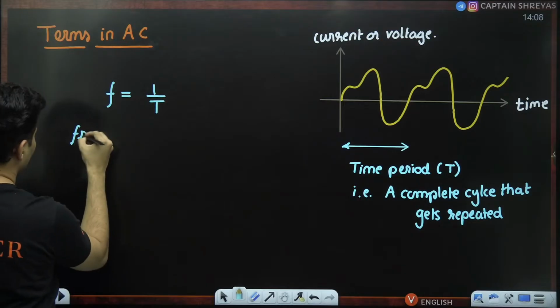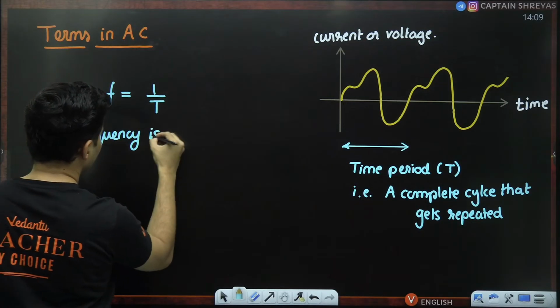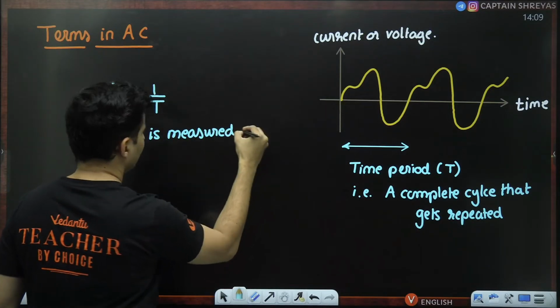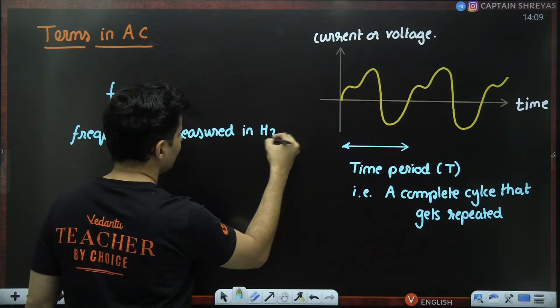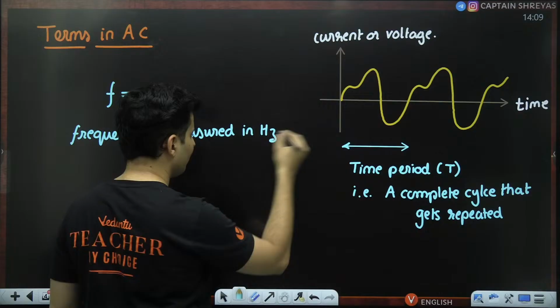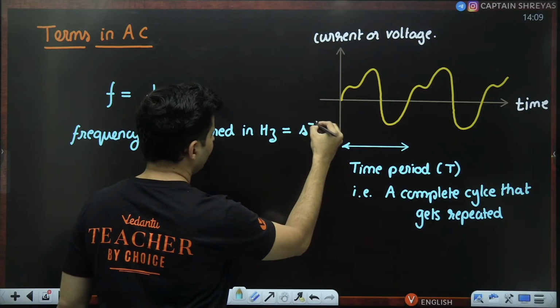So this is your frequency, and frequency is always going to be measured in hertz, just like in circular motion and so many other chapters, sound waves, waves, etc. Hertz is nothing but second inverse.